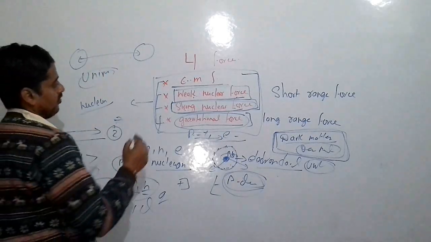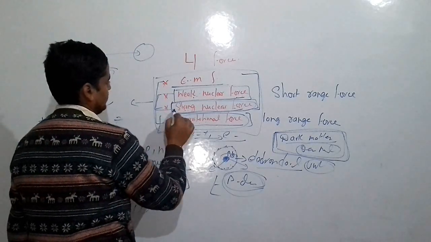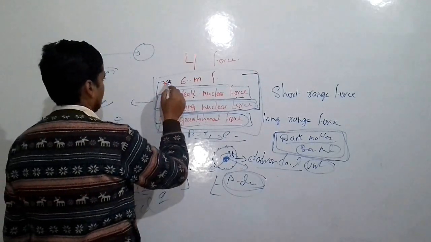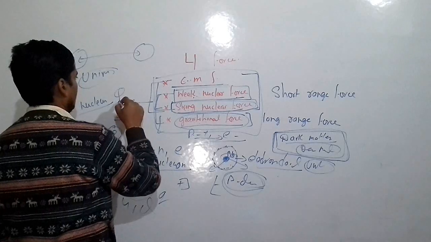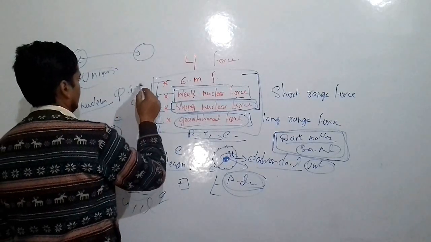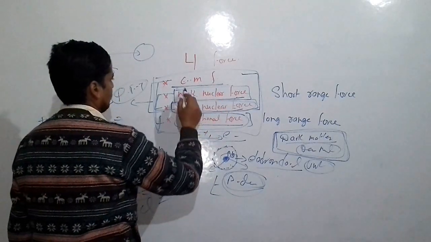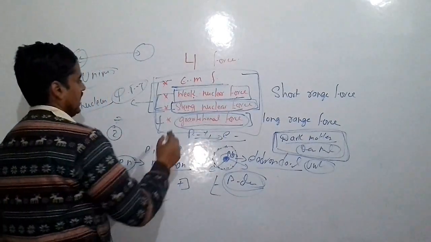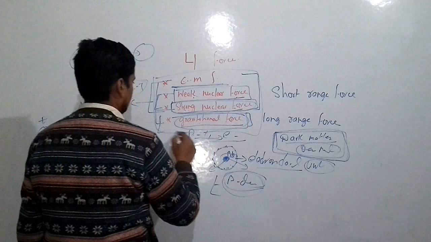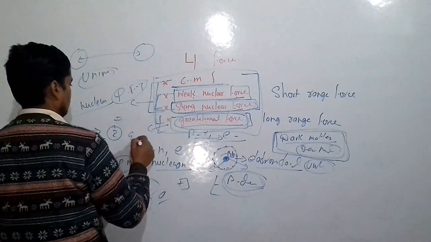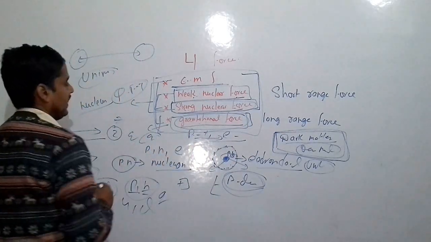The study of the weak nuclear force, strong nuclear force and electromagnetic force is called quantum field theory. Basically, quantum field theory studies the strong nuclear force, weak nuclear force and electromagnetic force, and the fourth is studied under cosmology or gravitational physics.